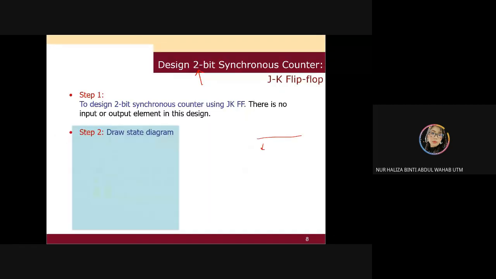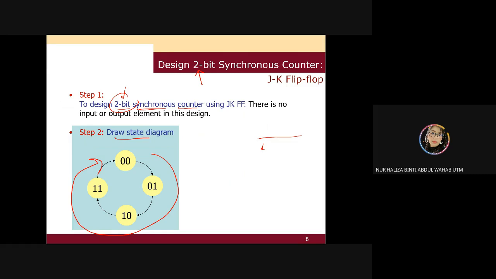Okay, so step 1, you need to do the 2-bit synchronous counter. For the first time, there is no input and output element because you don't know yet, right? And you need to draw the state diagram for the 2-bit synchronous counter. Basically it's going to give you counting up, counting down. So this one is counting up.